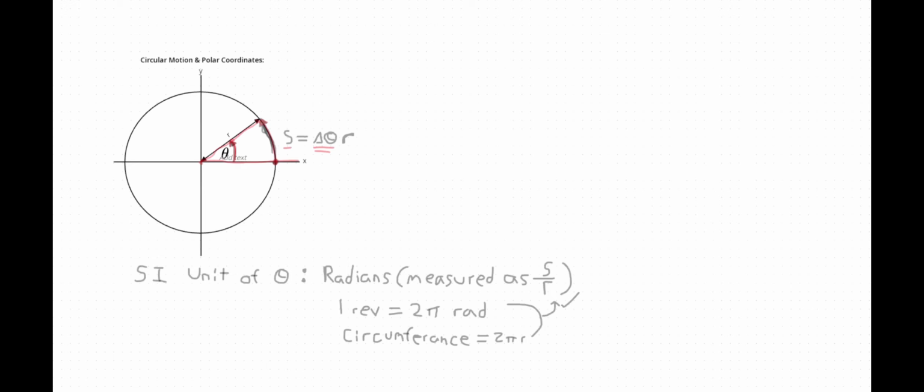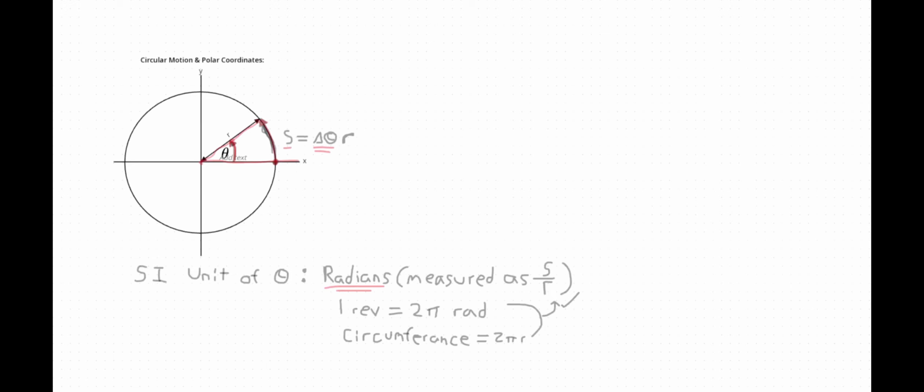An important aspect to point out about this is there's an SI unit associated with angle and angular displacements. SI units are good because when you use all SI units, then if you do the math right, your answer comes out in correct SI units. And so for angular displacement, that unit is radians. And what radians are is simply a comparison, a ratio.